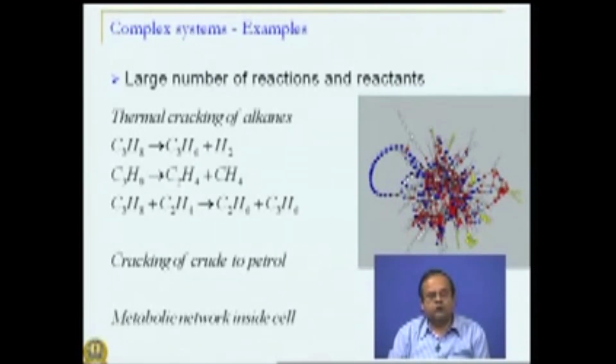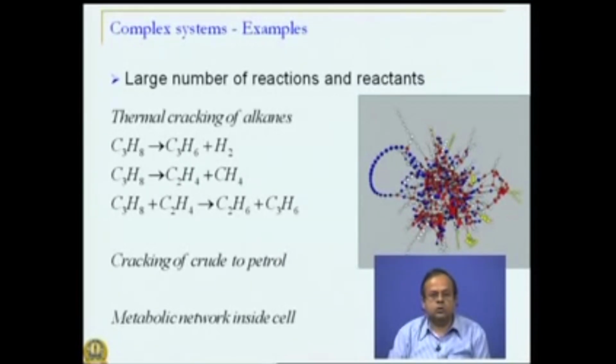So, in absence of precise information about chemical species, how does one design a reactor, how does one determine the kinetics, and this is where lumping that I was referring to comes into the picture.